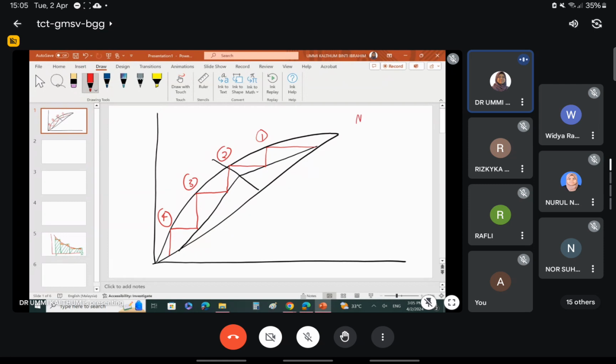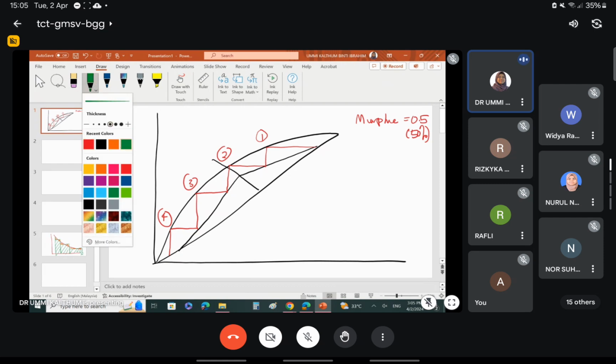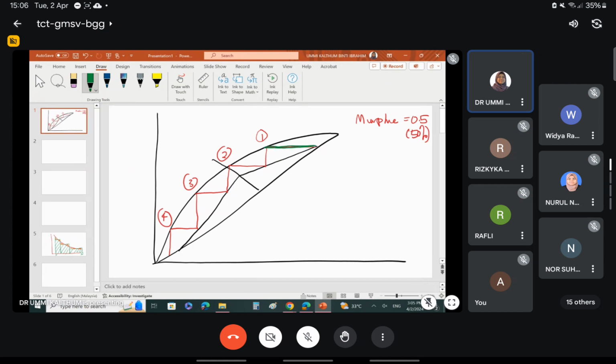Okay, contoh diberi Murphy efficiency is 0.5 ataupun 50% efficiency lah. Okay, on stage ataupun on tray kan. So bila 0.5 kita kena estimate. Okay, we have to estimate. This one is 1 tray, 100% efficiency. Okay, if 50% kena ambil tengah lah.